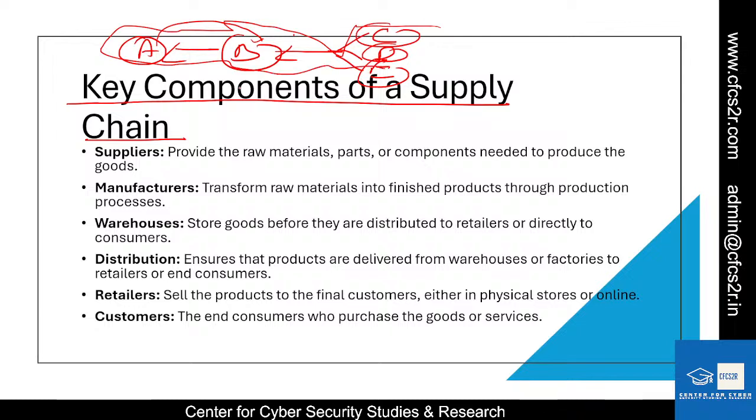So what are the key components of the supply chain? Suppliers, manufacturers, warehouses, distribution, retailers, and customers.